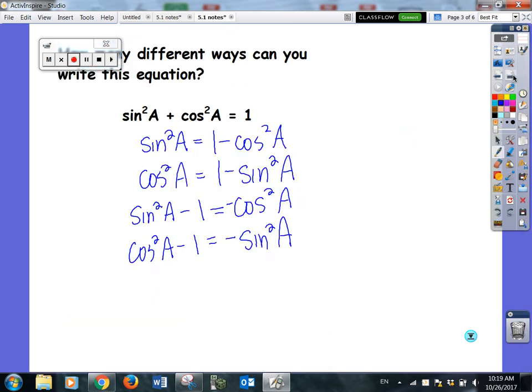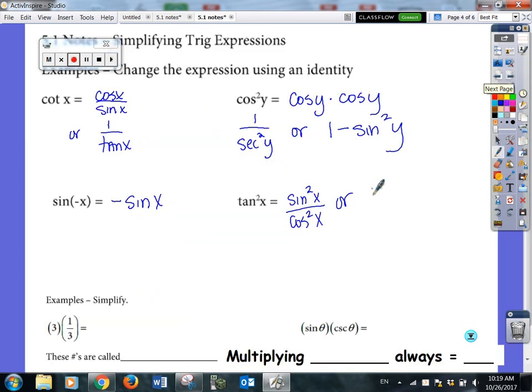So I could also say tangent squared x equals secant squared x minus 1. So just different ways that you can change the problem. And it depends on the problem how you want to change it. Questions on those for just changing using the identities?